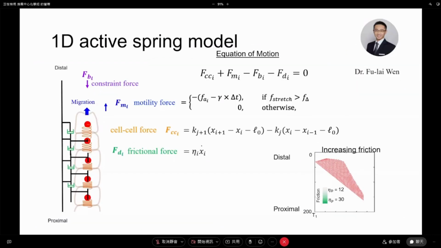And then we also constructed a theoretical model, using just a simple spring-dashpot model to explain this wave behavior.